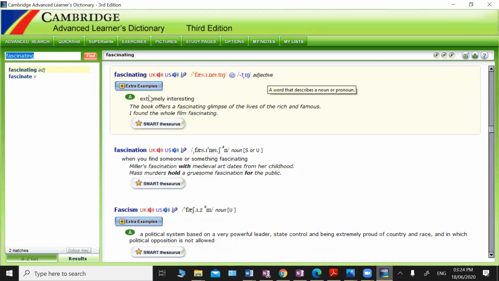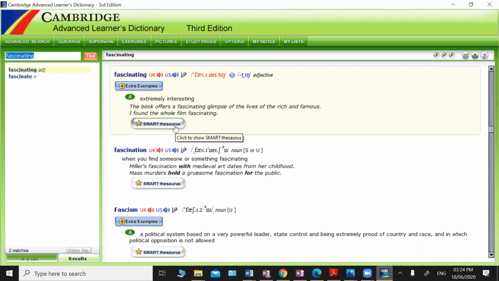Now going down, extra examples. If you click on this, it will give you more examples. And then it gives you the meanings, extremely interesting. And then it makes one or two sentences. And then down, smart thesaurus.